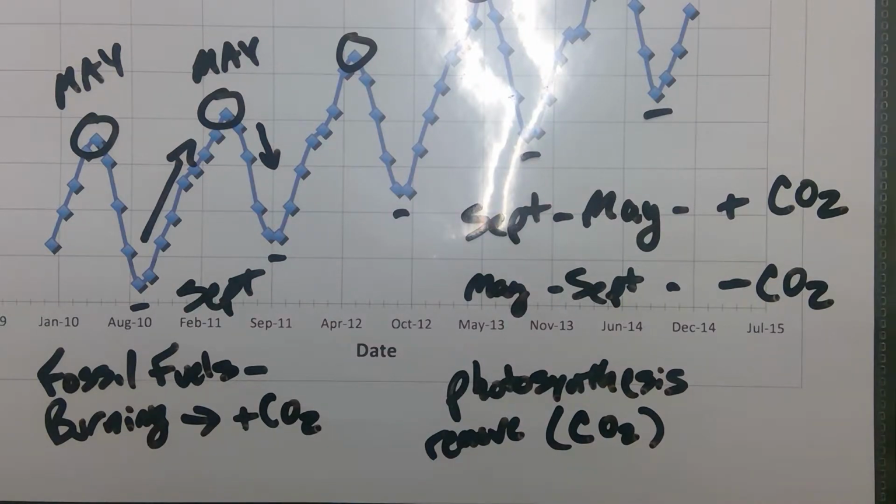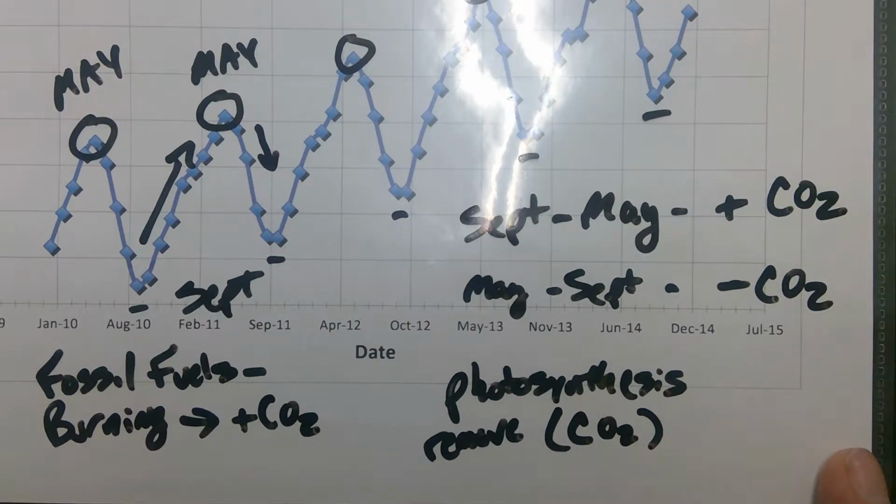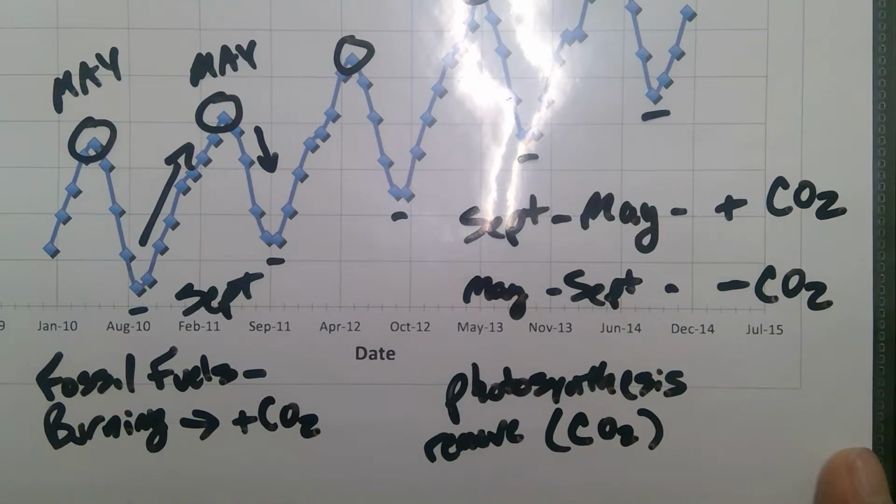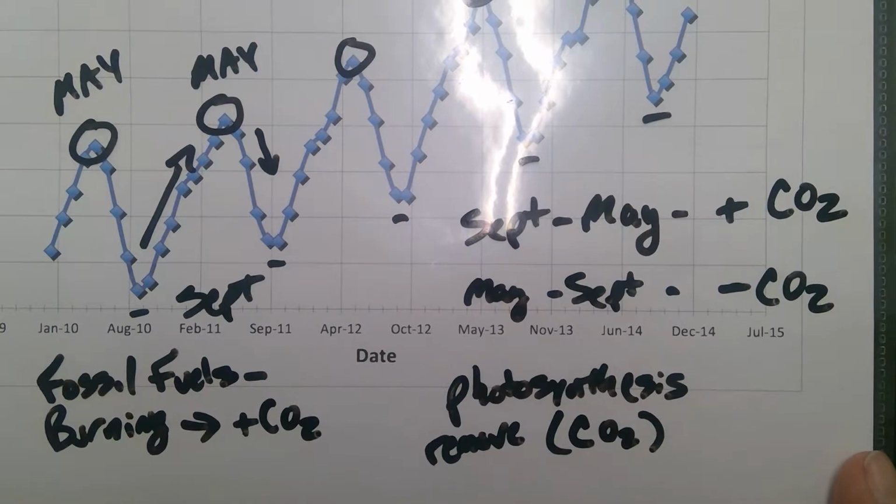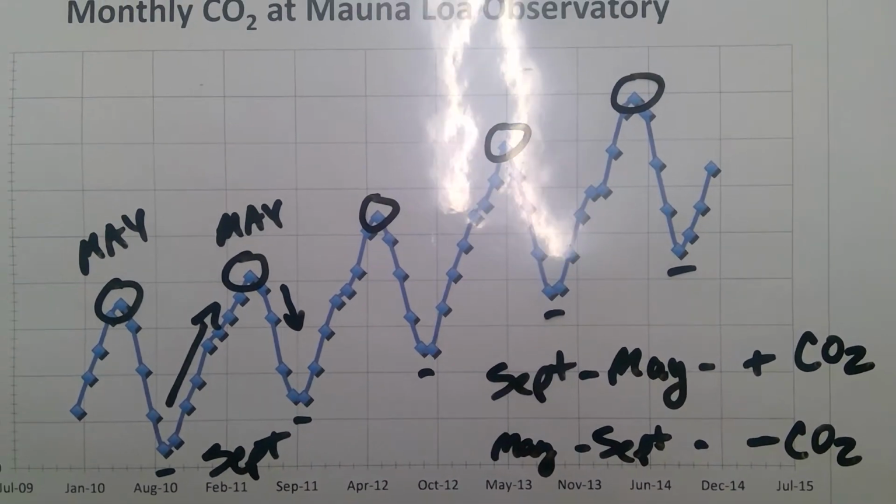And when you add CO2 to the air, what we're concerned with is that gases like carbon dioxide, water vapor, and methane absorb infrared, and that makes the temperature of the planet go up. So the two general trends on this graph: each year you gain more carbon dioxide than you lose, so there's a general increase.